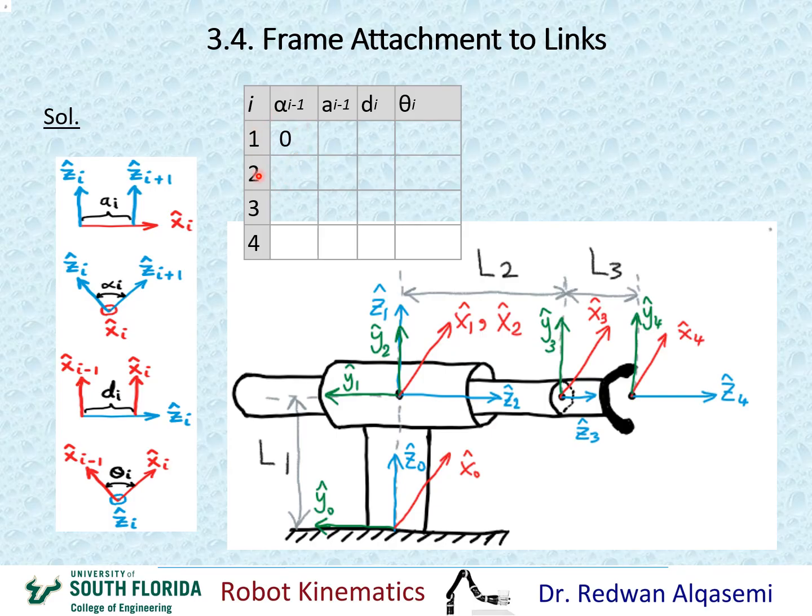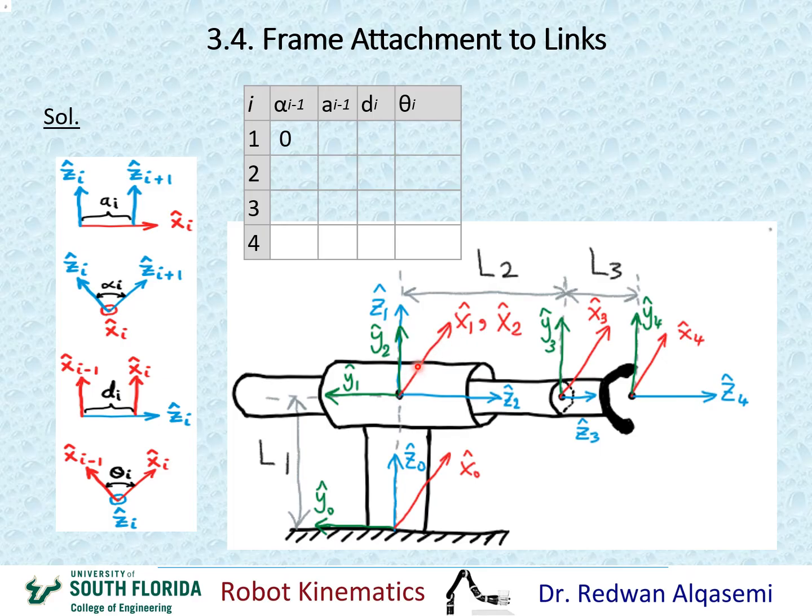Now when i equals 2, I'll be looking at alpha i minus 1, which is alpha 1. So for alpha 1, I should be looking at z1 and z2 about x1. This is my z1 and this is my z2, and I'm looking at the angle between them about x1. The way I have to find the angle, again, it can have a positive or negative sense.